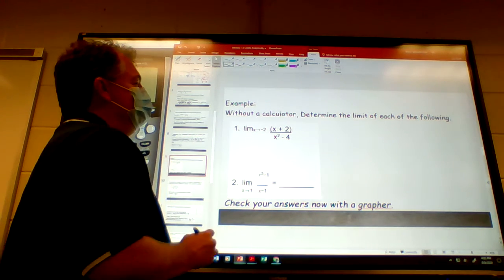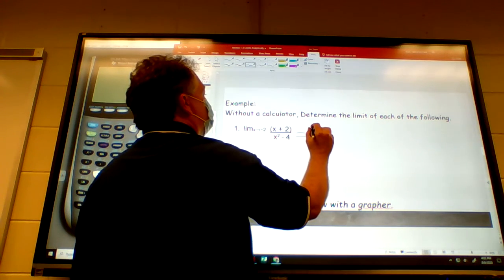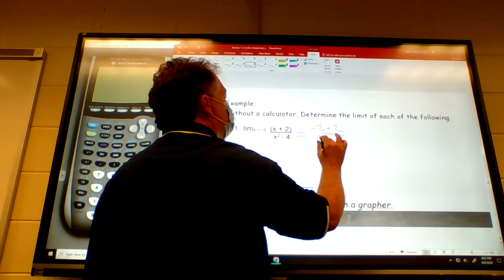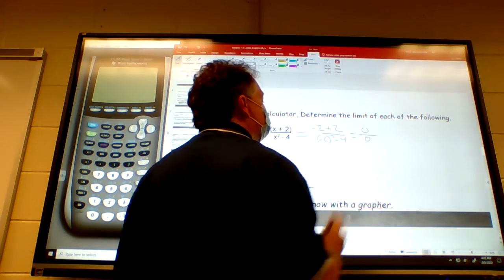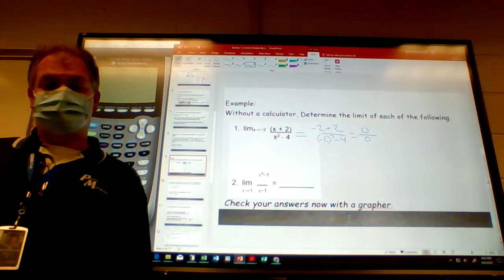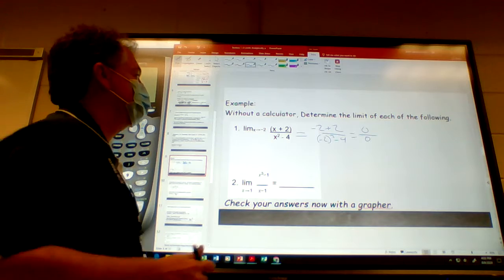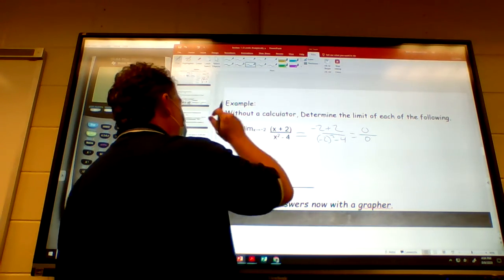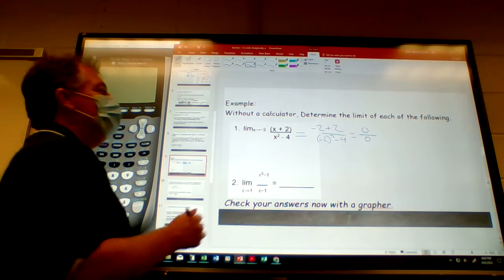If we were to plug in this number, it's going to be -2 plus 2 over -2 squared minus 4, which is going to give us 0 over 0. Okay. All right. We can't do that. But if we simplify this, we can. So here's what we can do. It's telling us that long theorem, the theorem 1.7 that I just read to you, means this.